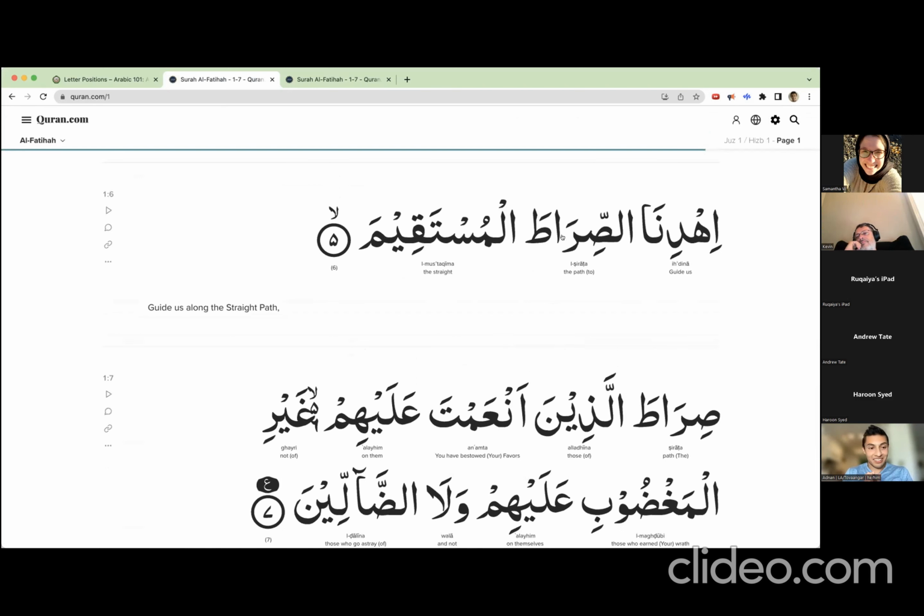One is the direct object of a sentence. If you say, I saw the house, ra'aytul bayta, bayt would have an a at the end. It's the direct object of the sentence. But here, you already have a direct object. Ihdina, guide. Ihdi means guide, and na is us. So you already have a direct object in this sentence.